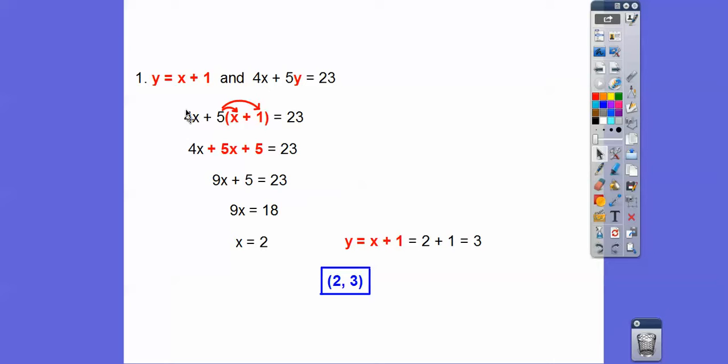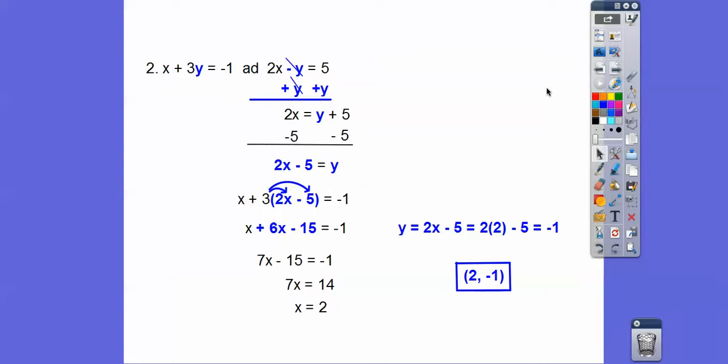Can you see that this is a line and this is a line, so these two lines intersect when we plug in x equals 2. Since y equals x plus 1, when x is 2, 2 plus 1 is 3, so we get (2, 3). For the second equation, I took this second equation and added y to both sides, and then subtracted 5 from both sides.